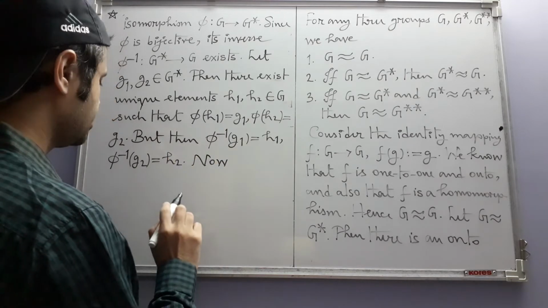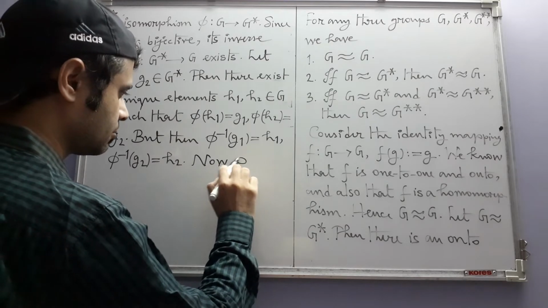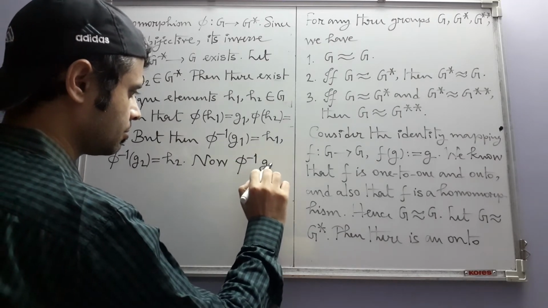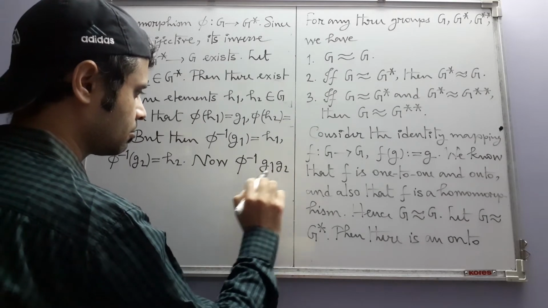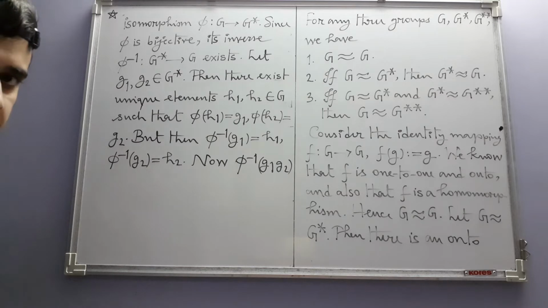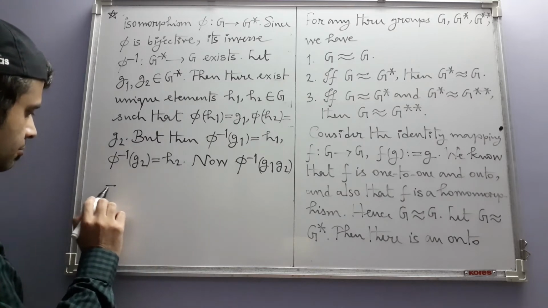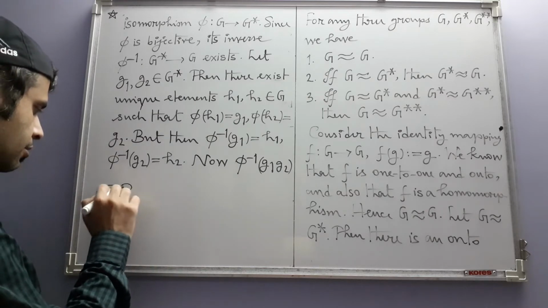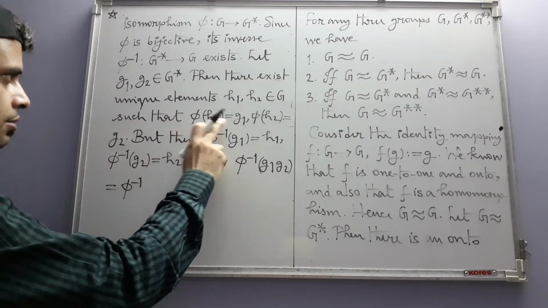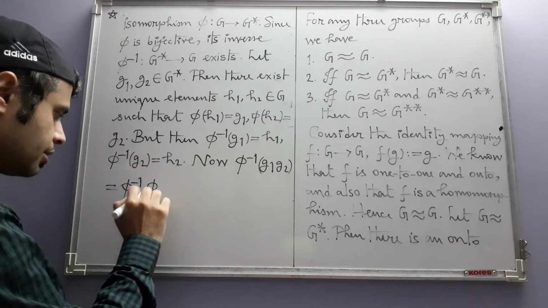Now what happens when we calculate phi inverse of G1 G2? Note that G1 is phi of H1, so let's use that here.